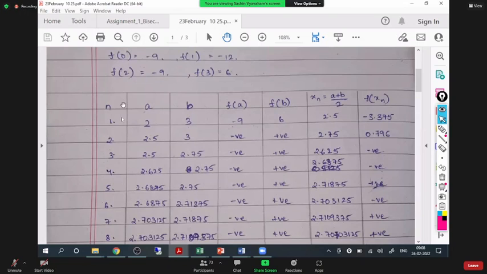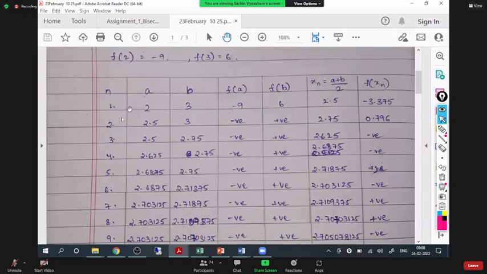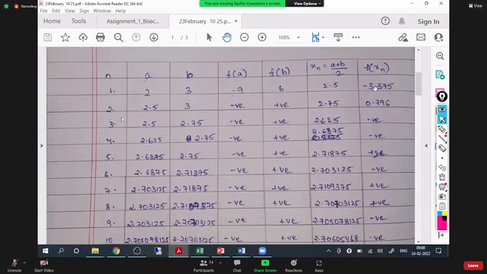Now the iteration starts. He started with n equal to 1, first iteration, a is 2, b is 3, and then a plus b upon 2 is the iteration formula, and it mainly focuses on the sign. If magnitude is not written, that is okay, and if you write it, that is also okay. So f of xn is negative.